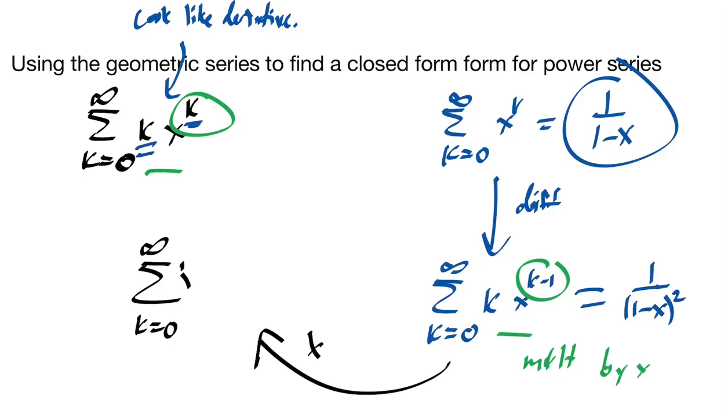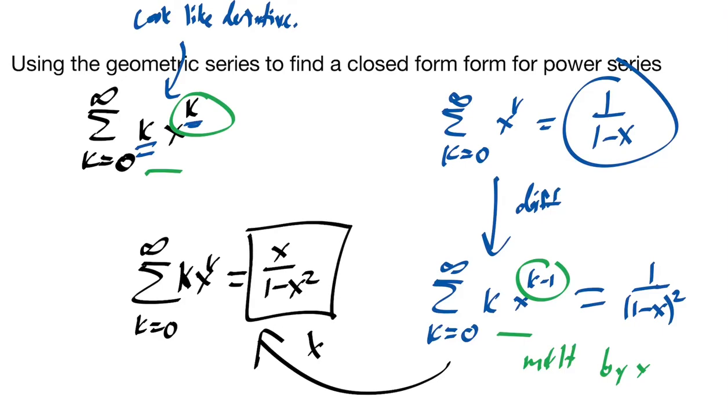I get the sum as k goes from 0 to infinity of k x to the k, but that is equal to x over (1 minus x) squared. So that series that I started with is just the series x over (1 minus x) squared. I messed the parentheses up there. Over (1 minus x) squared.